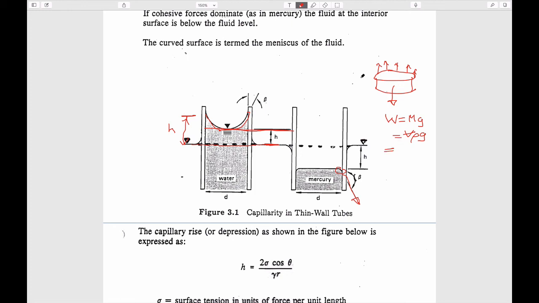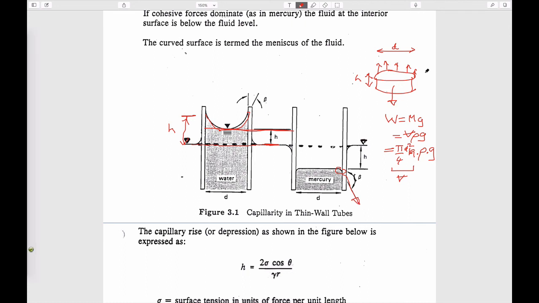If this is height h and diameter d, its volume is pi d squared upon 4 times h, right? This is volume, this is density, and this is gravity.